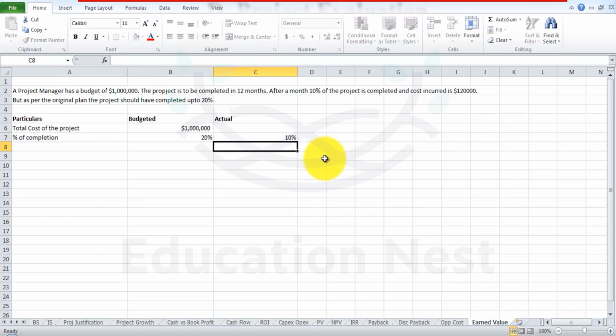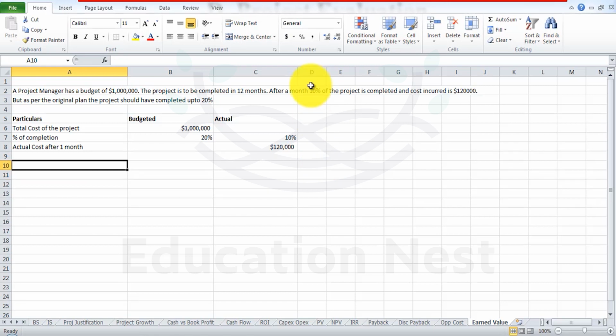Actually, it's only 10%. Now we have the actual cost incurred after 1 month. It's $120,000. Actual cost after 1 month. Let's mention it more clearly. Right. Now we're going to compute the important figures which we had discussed. That is the planned value, the actual value, and the earned value.